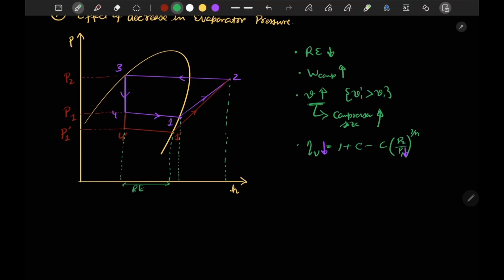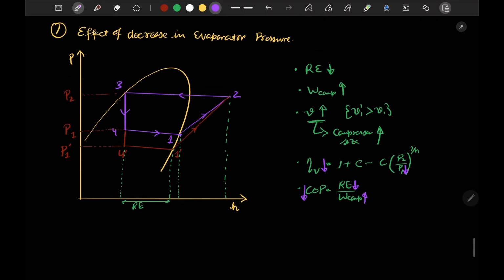The next point is COP. COP is equal to the desired effect, that is the refrigeration effect, upon the work done by the compressor. Since the refrigeration effect decreases and the work done increases, our COP decreases. I hope you understood the effect of decrease in evaporator pressure.